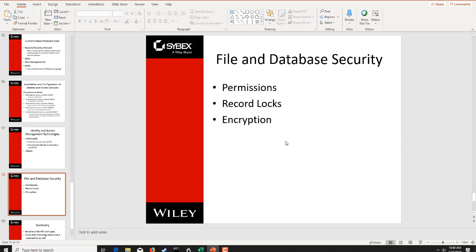For those who only need access to a specific file or database, it needs to be defined, and it needs to be kept track of with the permissions. Typically, your DBA or your system admin will control this and only amend it when authorized personnel give them the authority to do so. You can also put record locks on database records, for example.